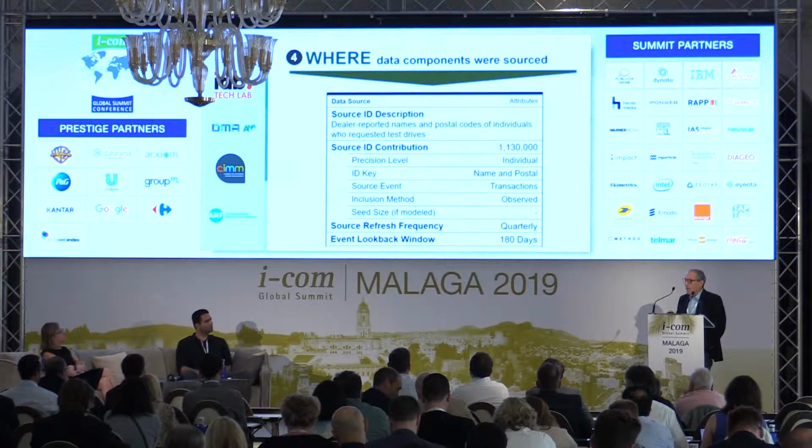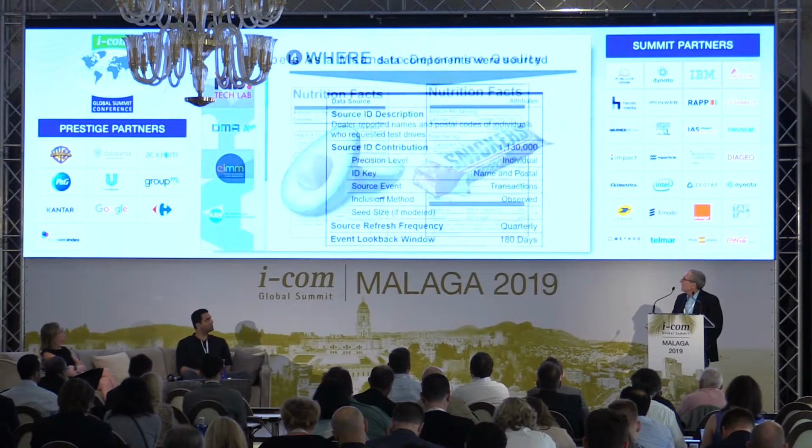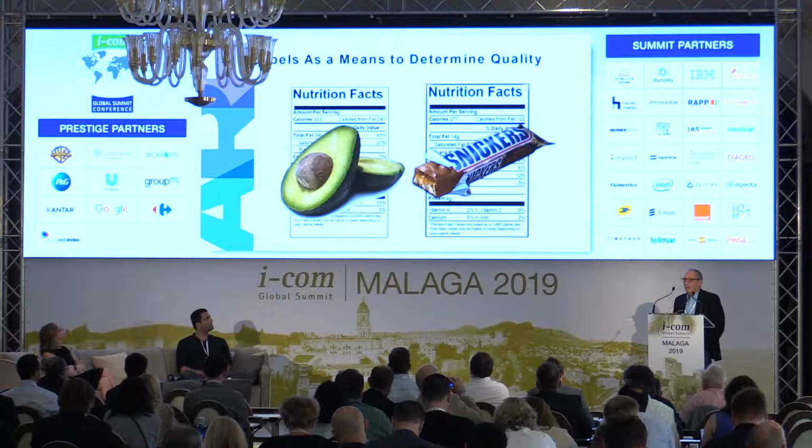I'd say among the associations involved in this, the ARF was a little bit of an outlier because we always thought that this would be very difficult for a brand manager or a data manager in a company to actually use and interpret. And an example of that really comes from back in the food paradigm.